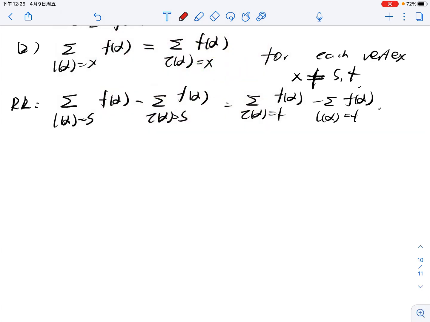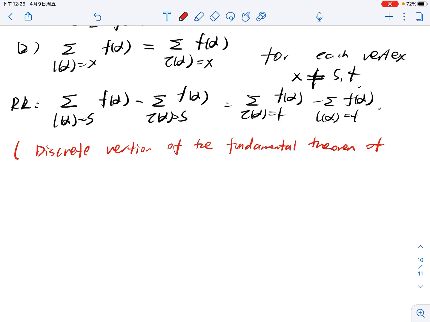I would like to make a remark that this is a discrete version of the fundamental theorem of calculus, or integration by parts, or whatever.